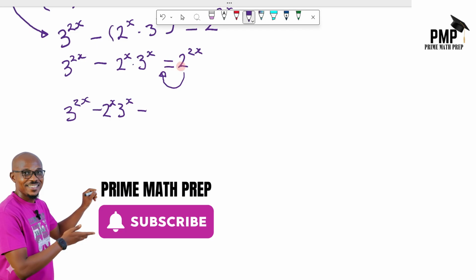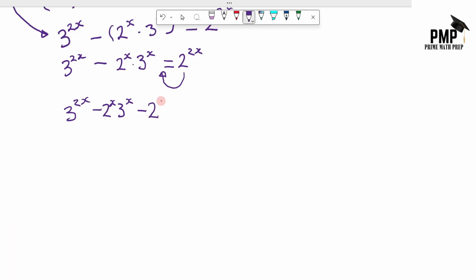So in this case, this is a positive 2. Crossing over the equality sign will make it negative. This will now be minus 2 to the power of 2x. We'll now equate everything to 0.